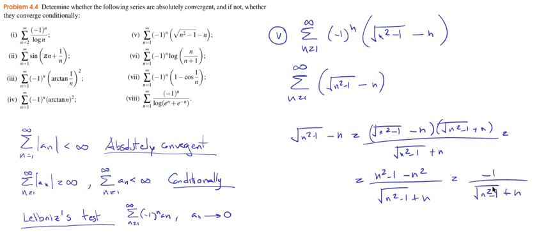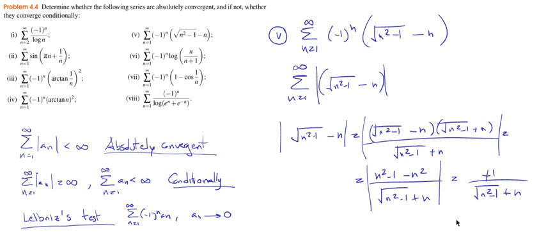Taking the absolute value, the sign goes away, and we have a series of non-negative terms.